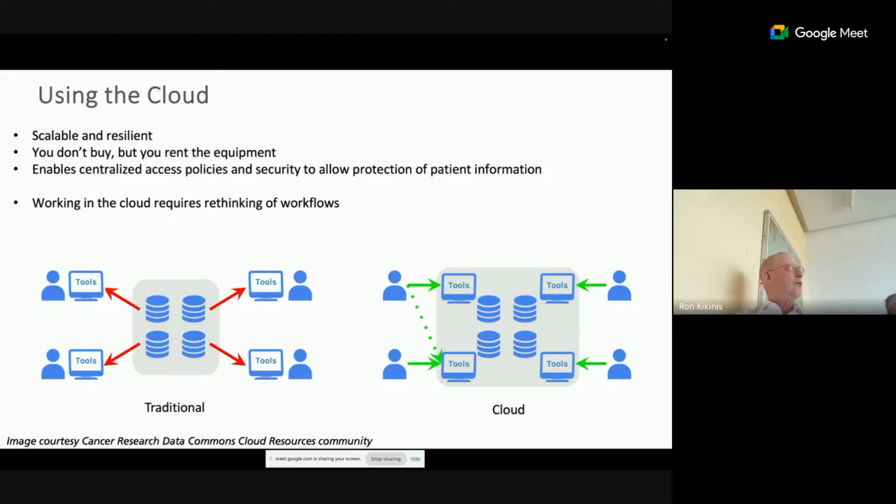And if you work in the cloud, you need to rethink the way you are working. All the data and the tools are in the cloud. That's the most efficient way of doing it, as opposed to the traditional way where you have somewhere a server with the data, then you download it to your machine to do the analysis.